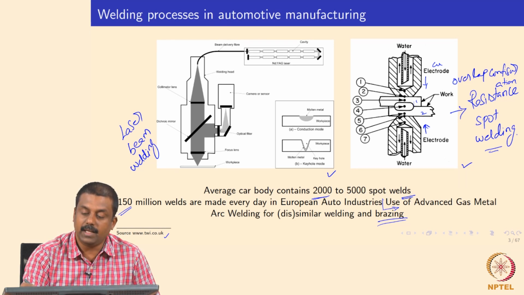While passing current, the material heats up by Joule heating, and the Joule heating generated at the interface leads to the melting of the interface, and there will be coalescence of the interface leading to the formation of a weld, which is known as a nugget. So the weld nugget is formed at the faying interface by Joule heating.